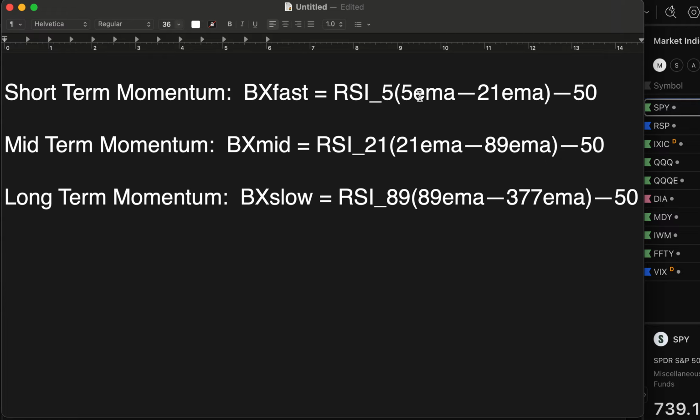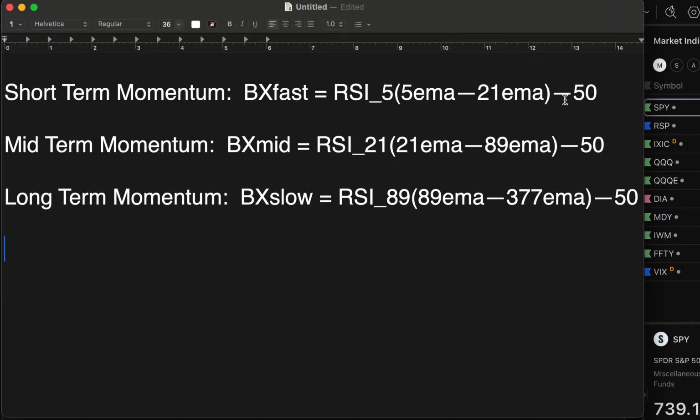The variable that we're measuring is the 5 EMA minus the 21 EMA. We're looking for upward or downward movements over the last 5 days. And that outputs a number between 0 and 100. So if it's having upward momentum, the number will be closer to 100, and if it's having downward momentum, the number will be closer to 0.